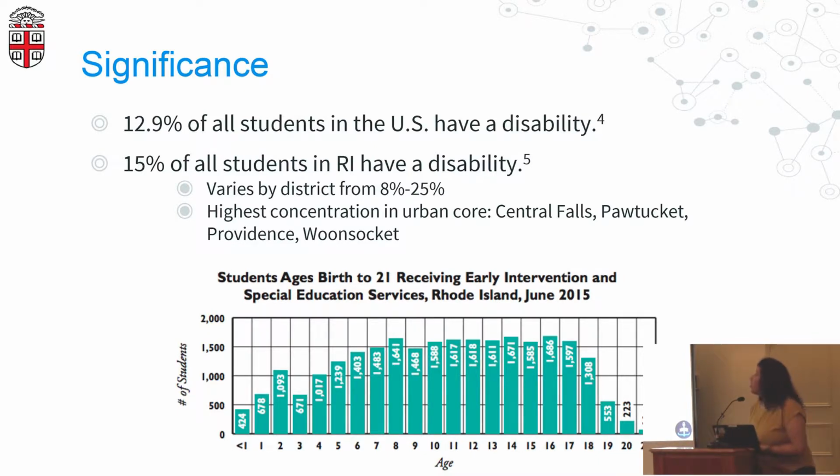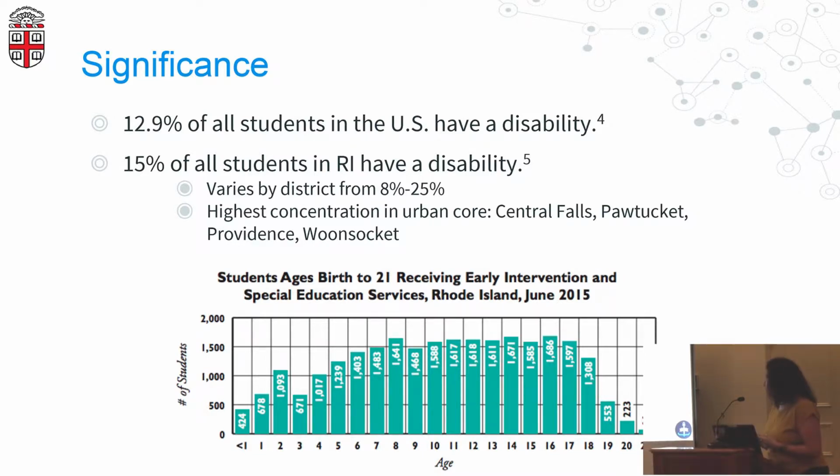Why should we care? So 12.9% of all students in the US have some form of disability, and that percentage is even higher in the state of Rhode Island, with about 15% of all students having a documented disability. This varies wildly by district, with higher percentages close to about a quarter of our students in the urban core, so that's Central Falls, Pawtucket, Providence, and Woonsocket, having a documented disability.